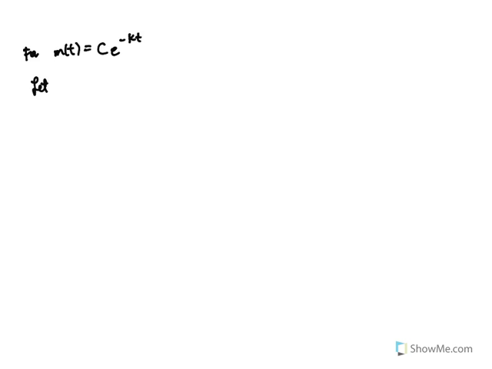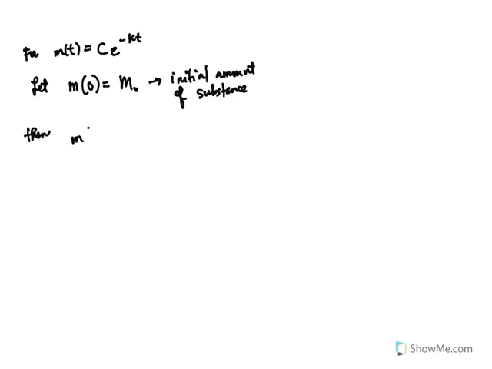if we let m of 0 be equal to m naught, ibig sabihin the initial amount of substance, so it's not yet decayed, so it's still 100%. So if it's m naught, then m of 0 is equal to c e to the negative k times 0. So substitute natin for time is 0.